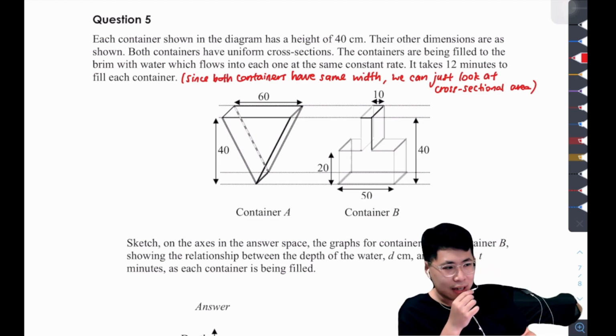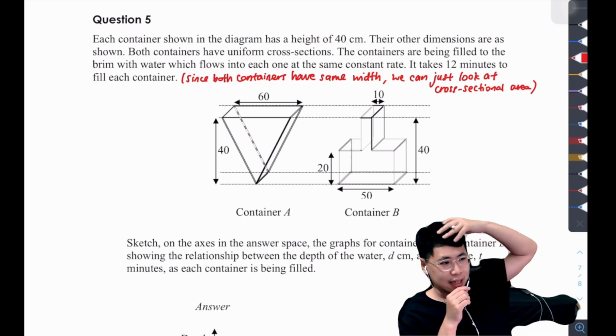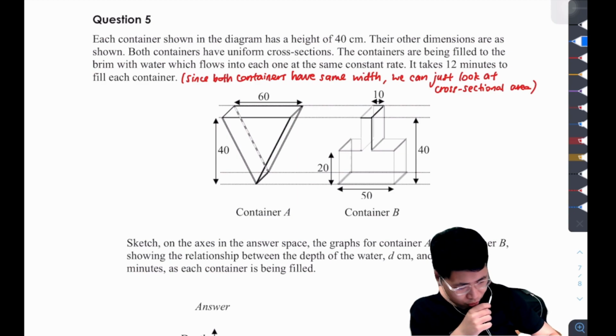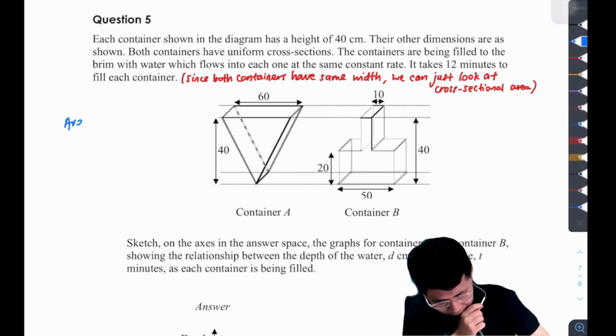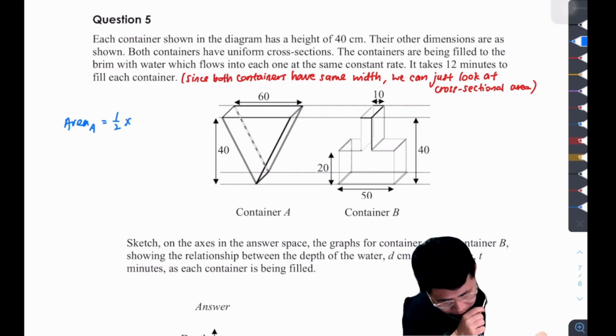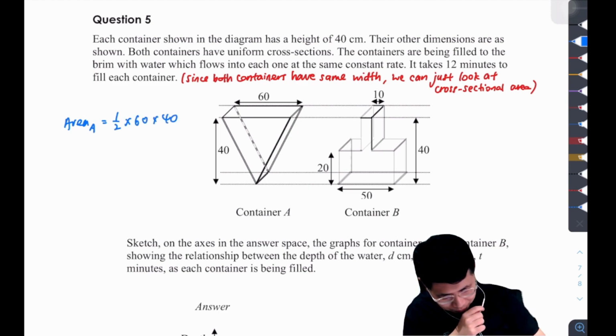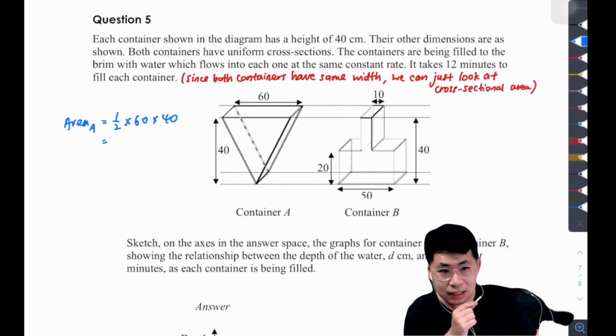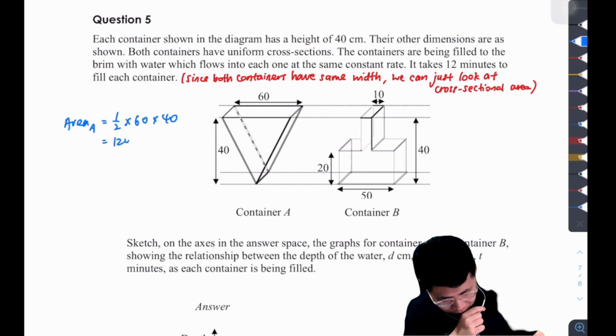Okay, so let's take a look at this area for container A. So how do we find the area for container A? Cross section area is a triangle, so it's going to take us half times base times height. Right, so over here we need to fill in the area of 1200 cm square.